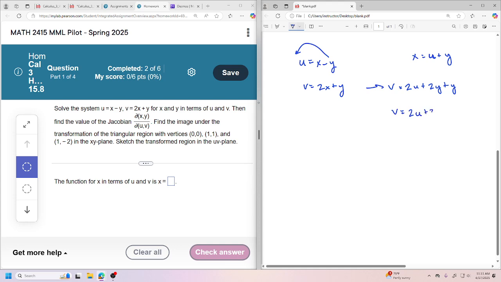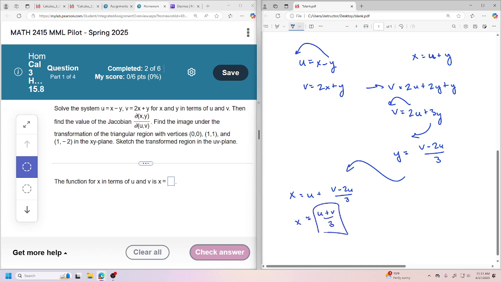So I got 2u plus 3y. To solve, I move over and divide. So that would be v minus 2u all over 3. And then I can plug that back in for my x: u plus all that stuff. Common denominator, so this will be a 3 over 3. When you subtract it, it should just be u plus v all over 3. And those are my answers. At least I hope so.